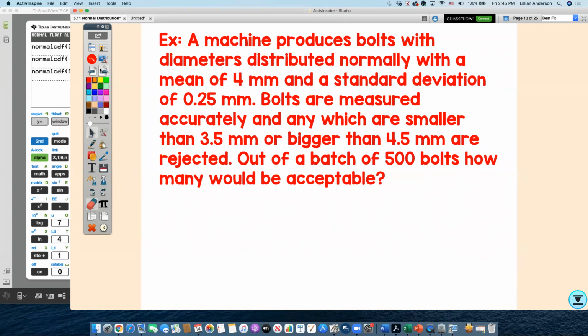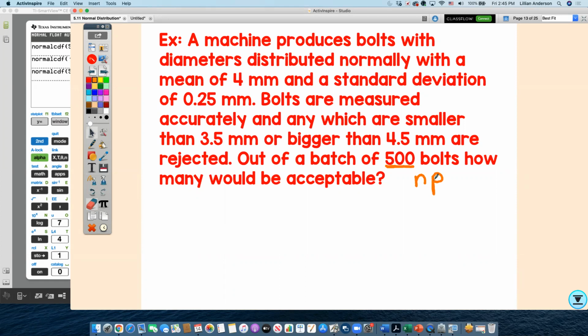Okay, if I have 500 bolts and I'm trying to figure out how many of those bolts will be acceptable, I need to take that number and multiply it by the probability. That is N times P. That is expected value. Okay. The only thing I don't know is the probability of what would be acceptable.